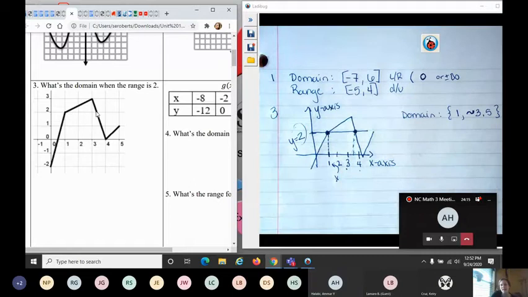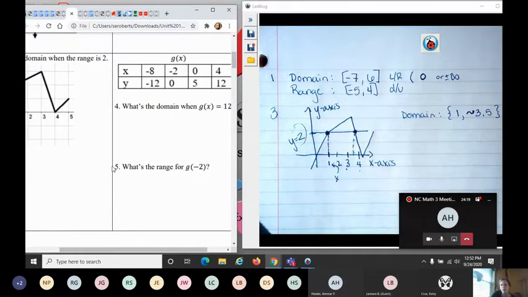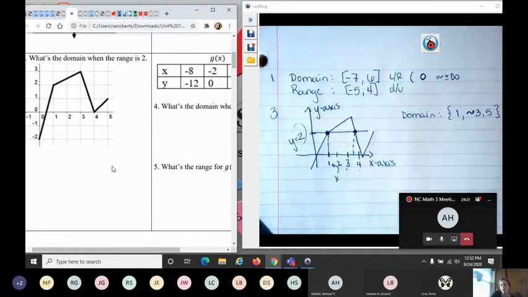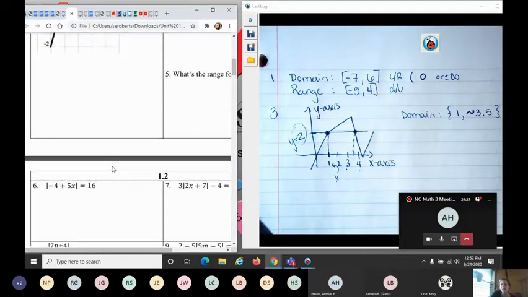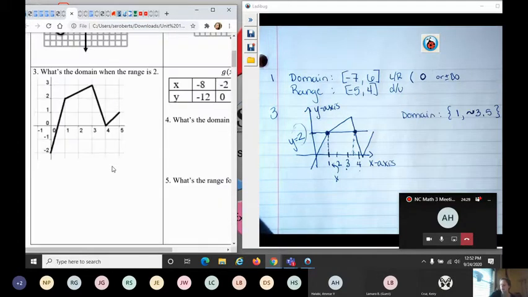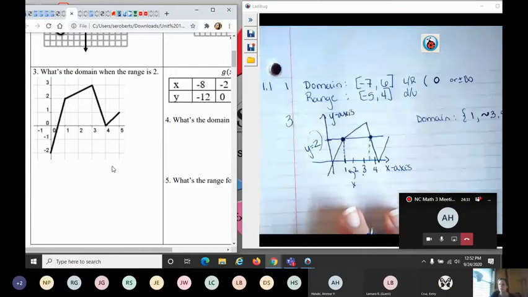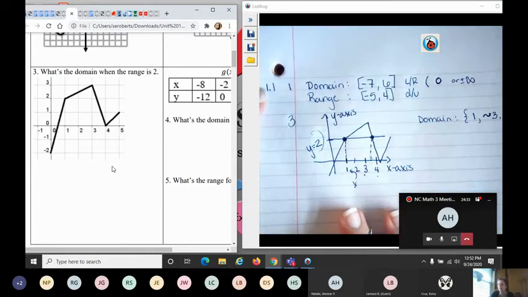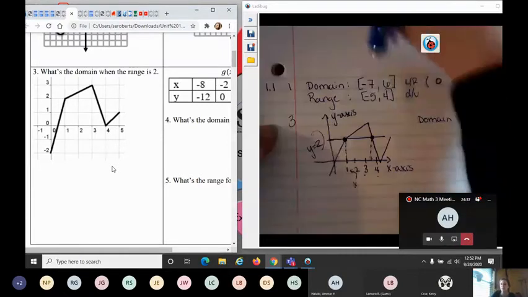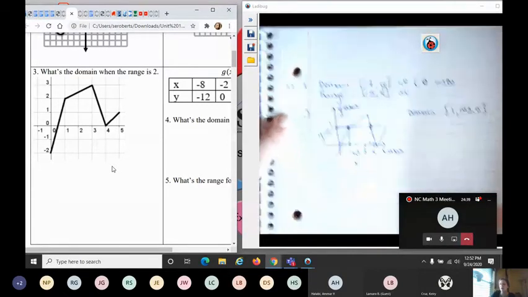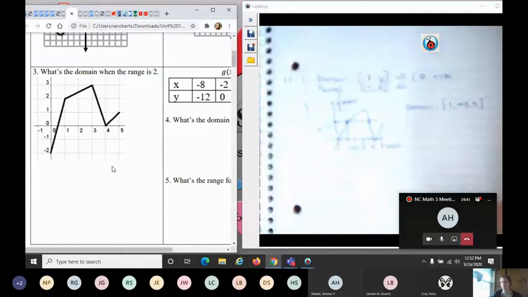What questions does anybody have about numbers 1 or 3 that we've gone through? Okay, if there are no questions, let's move on to section 1.2. Okay, so this was section 1.1, and you need to write these down, these solutions that we just went through, because you are going to turn in this review to me.